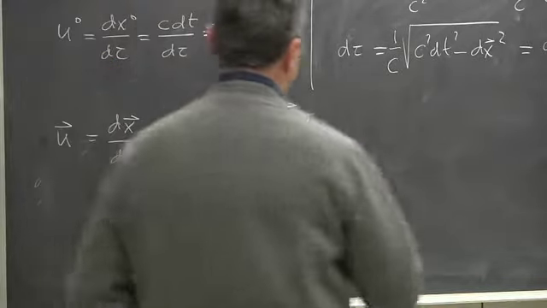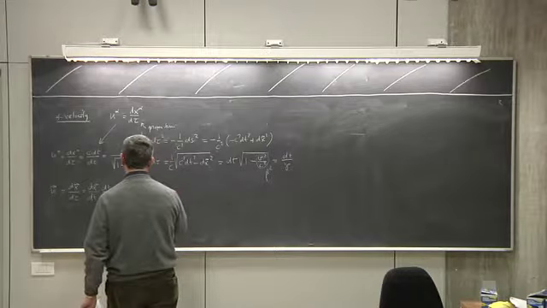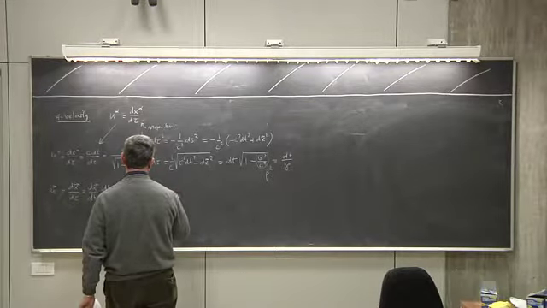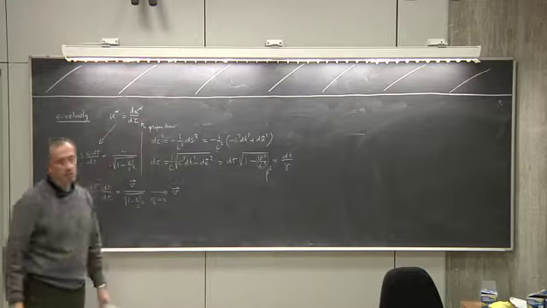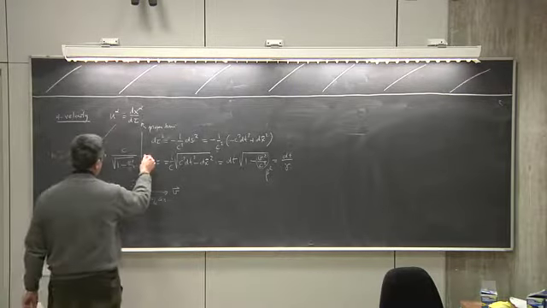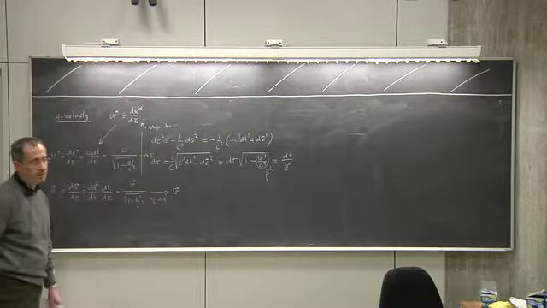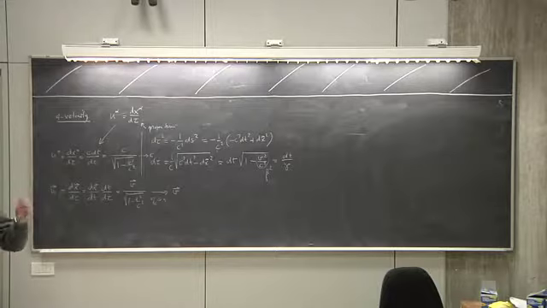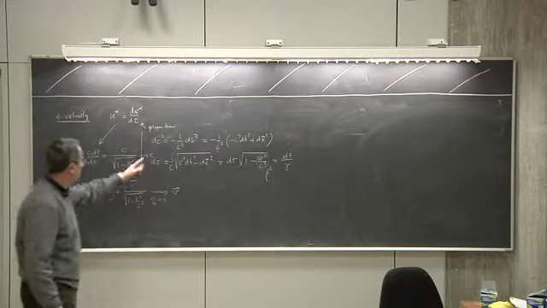In fact, I can always go to the limit in which v over c is much smaller than 1, and this goes exactly to what we call the velocity up to today. And the same here, this goes simply to the speed of light. So the time-like component is just the speed of light.